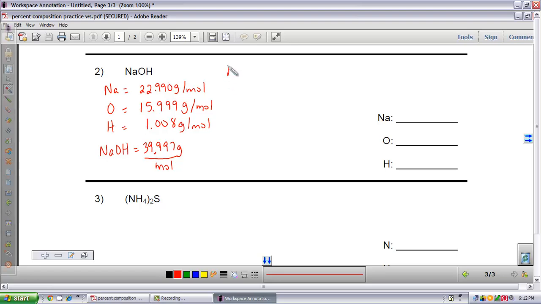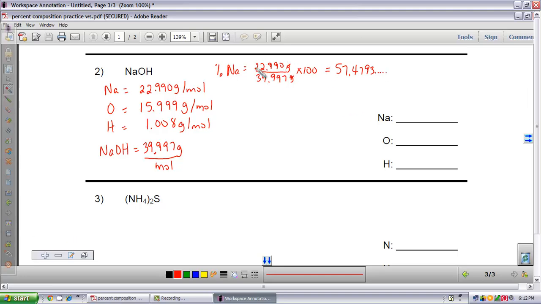So here we go. For sodium, the percent sodium, we're going to use 22.990 divided by 39.997. Both of these are grams, so they cancel. Okay. So if you put that in your calculator, 22.990 divided by 39.997 times 100, and you'll get 57.4793 and so on.